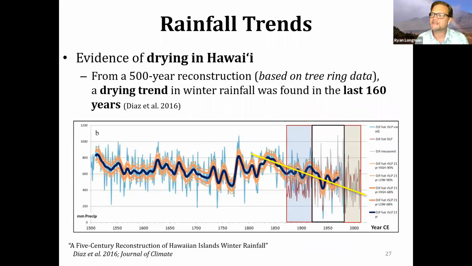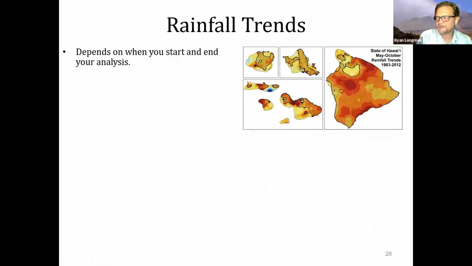In terms of rainfall trends, looking at the bigger picture, there's been some evidence of this kind of 500-year drying trend. So that kind of eclipses anthropogenic variability. This is over the last 106 years, looking at this larger scale decrease in rainfall. But really, I think what land managers are most interested in is what's happening in recent years.